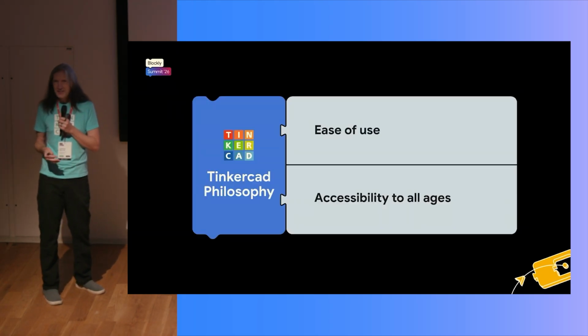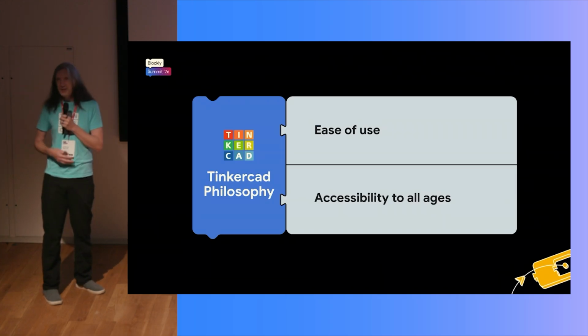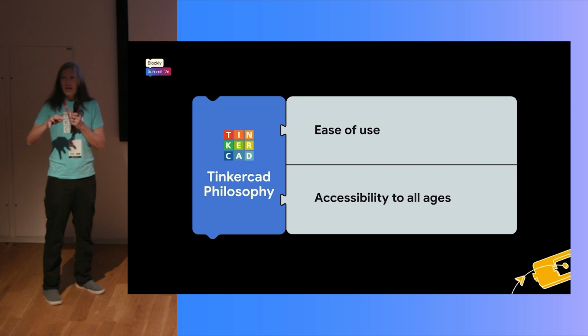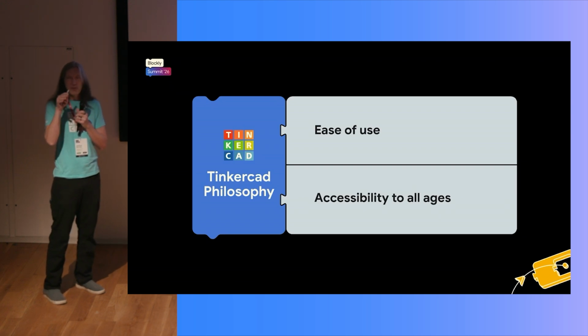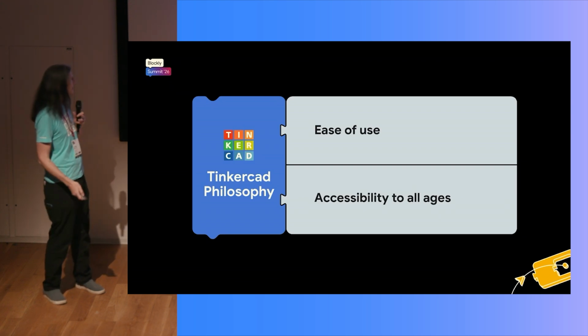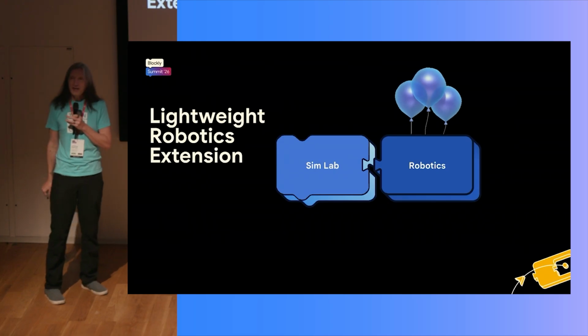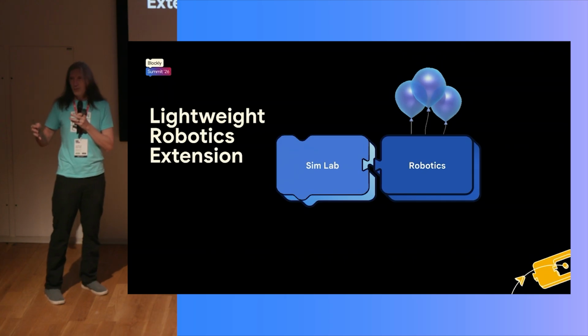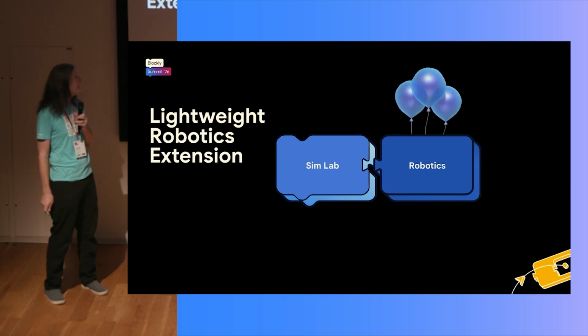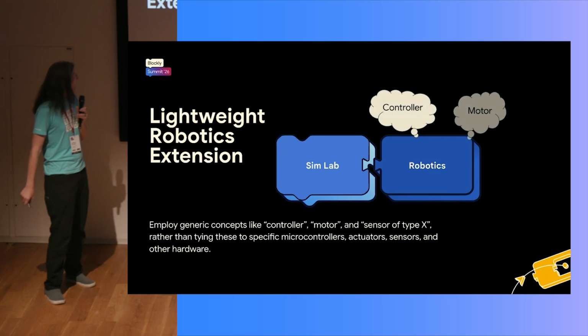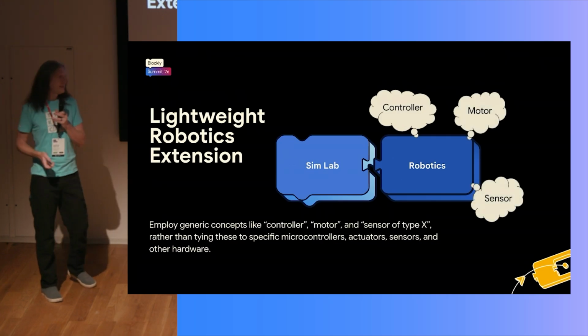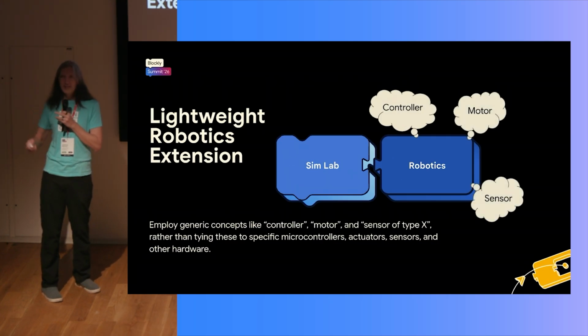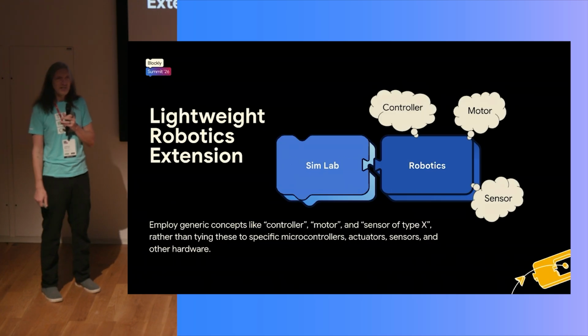Our general philosophies at Tinkercad are ease of use and accessibility to all ages. We have in mind middle school as the middle of our target demographic. So we decided instead to just work with our physics engine and build a lightweight robotics add-on to that, and to employ generic concepts like controller, motor, and sensor of type whatever, instead of saying this particular piece of hardware.